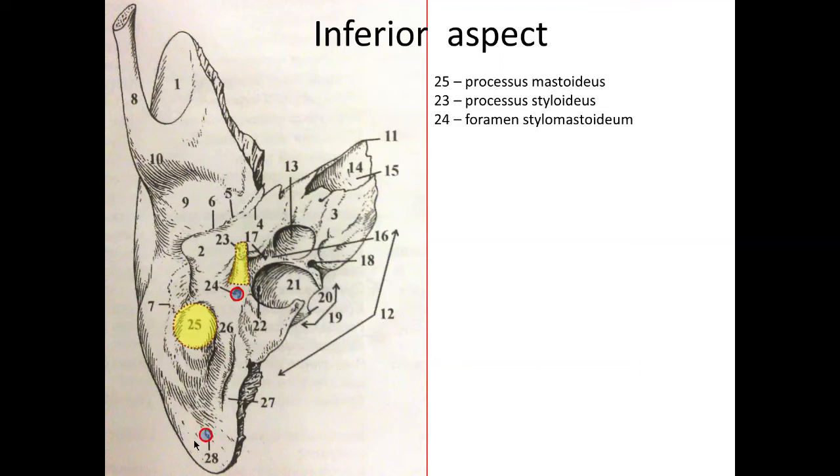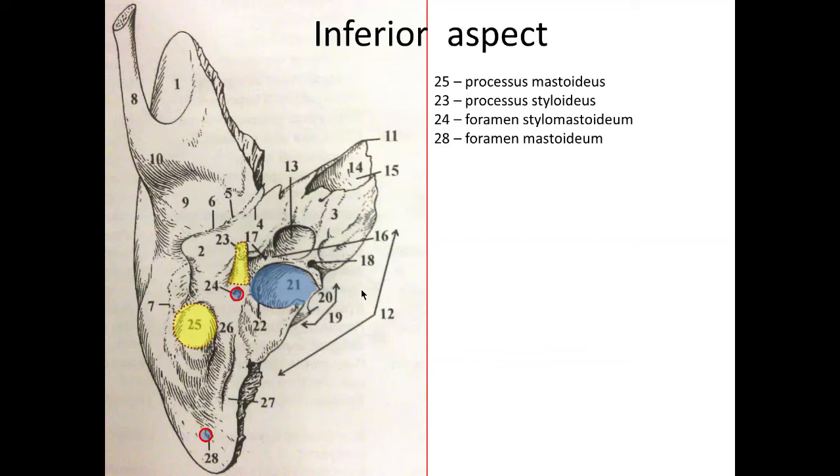Then number 28. What is this? We already know that this is foramen mastoidum. We can see it from the lateral aspect, from the inferior aspect and from the medial aspect. And then I use demonstration of a blue area.